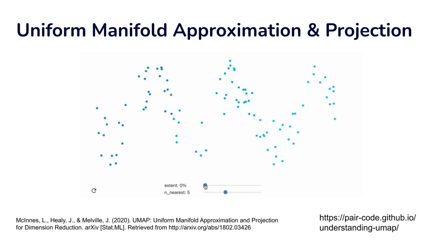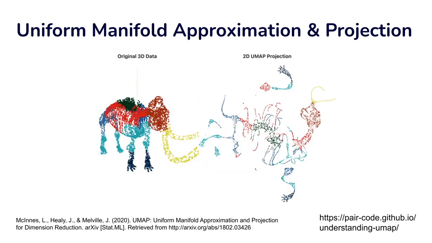So the animation here should demonstrate that if you have points like this and you construct a proximity graph that is connecting the nearest neighbors from all these data points, you will obtain some kind of skeleton or network, and then you can take this network and make a visualization in 2D to reduce the dimensions.